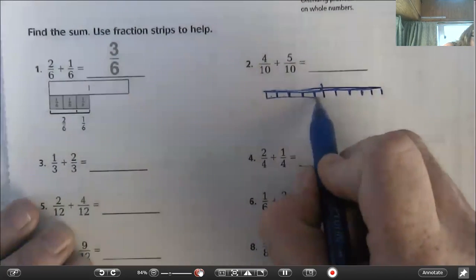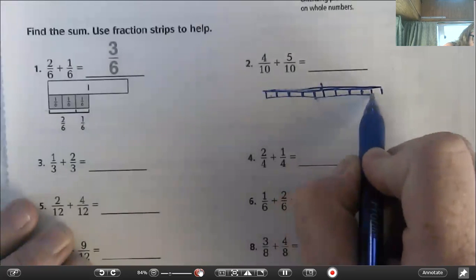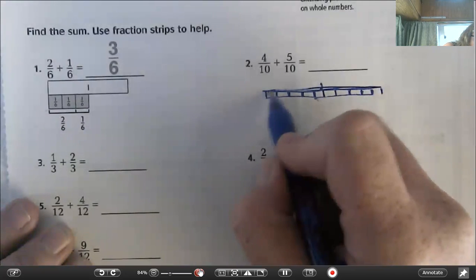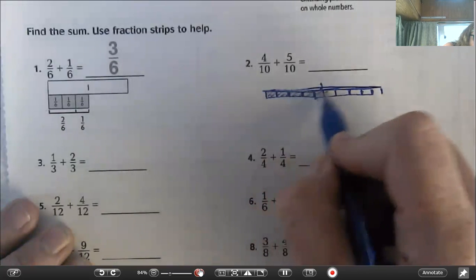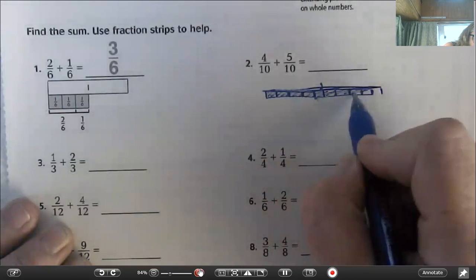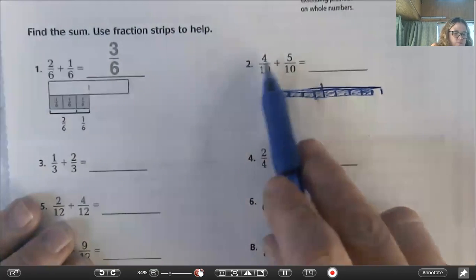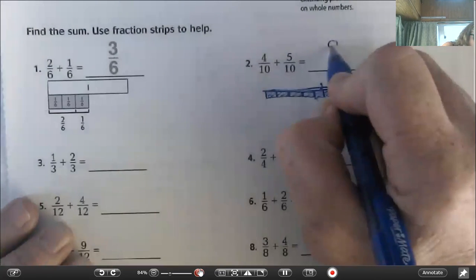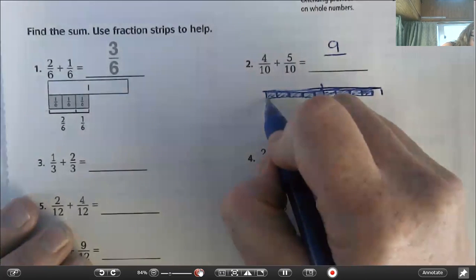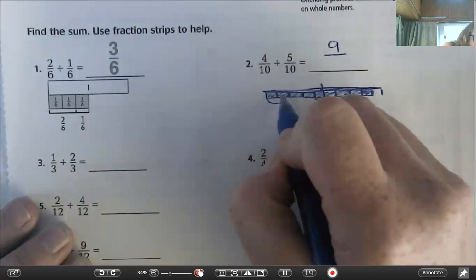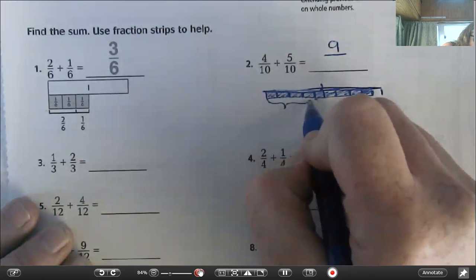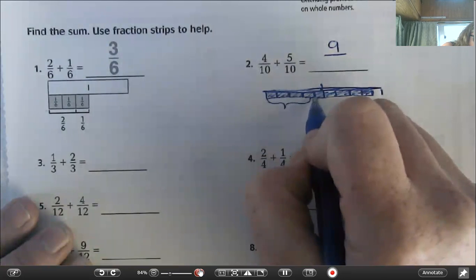And then I have 5 parts. So these are the ones I shaded in. So I know 4 plus 5 equals 9. I have 1, 2, 3, 4. Make sure my arrow goes on.